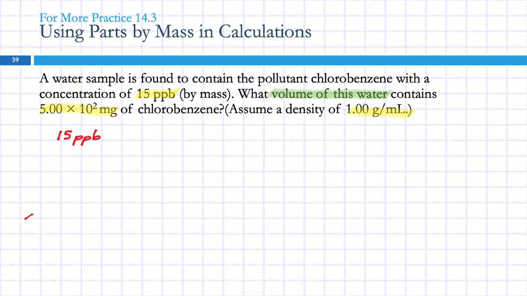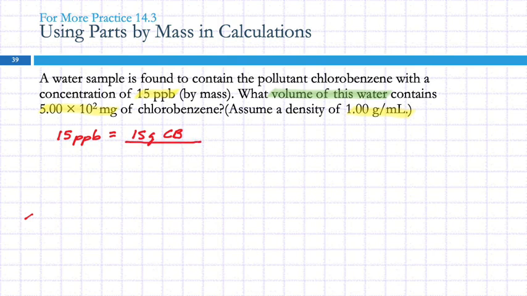And then let's write these down. 15 parts per billion. Percent is parts per 100. So here, this is equal to 15 grams of chlorobenzene. Generally, we use grams, so let's just use grams. I'm going to call it CB because I'm feeling lazy.